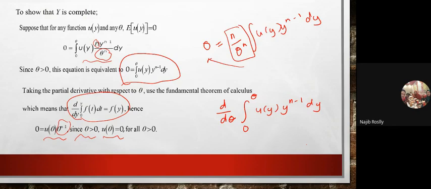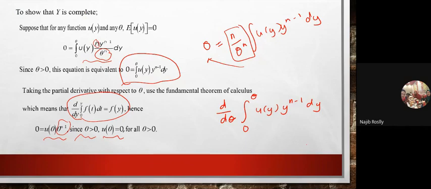We take the partial derivative with respect to theta using the fundamental theorem of calculus, and it gives back u(theta) theta^(n-1). But since theta is greater than 0, you need to set u(theta) equal to 0. So you need to set the coefficient u(theta) equal to 0 for all theta.